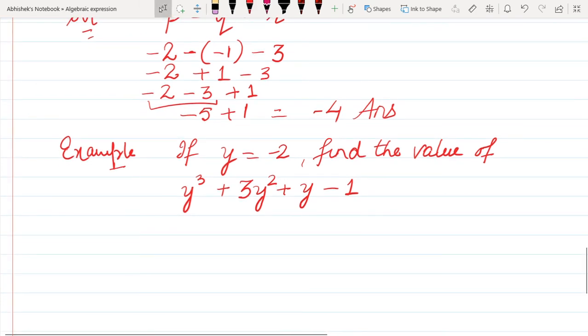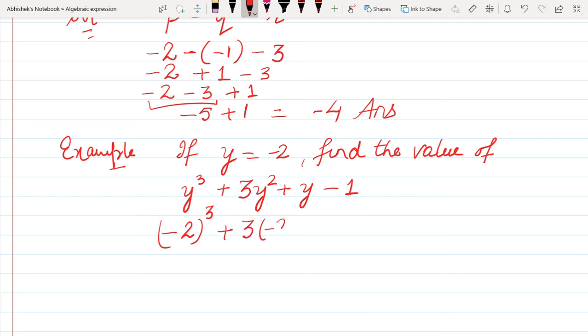Now look at this, y cube. What we will do is, in place of y I'll write minus 2. It is minus 2 raised to power 3, here it is minus 2 raised to power 2, plus, and what's the value of y? It is minus 2, minus 1.